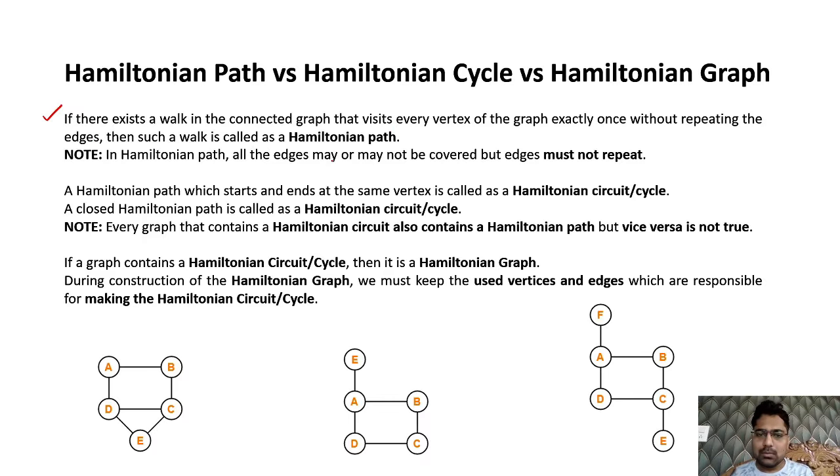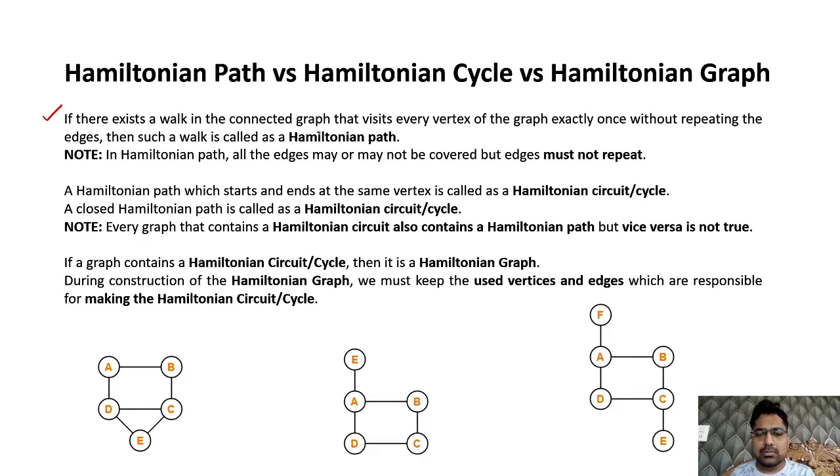I'll give you an example. The note says that in a Hamiltonian path, all the edges may or may not be covered, but edges must not repeat, and the vertices also must not repeat.